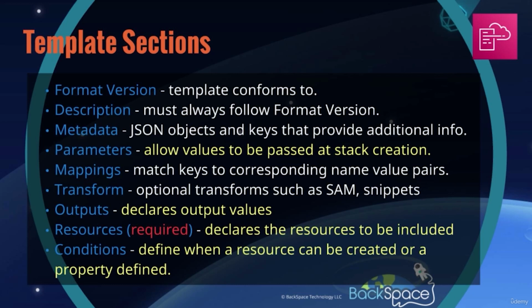So that is required, and it simply declares the resources that are going to be deployed. Conditions define when a resource can be created or a property can be defined. For example, you may put in a condition that an EC2 resource cannot be deployed until the VPC has been created.